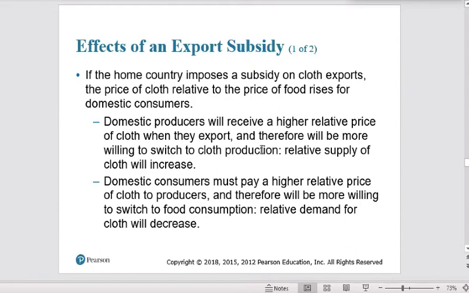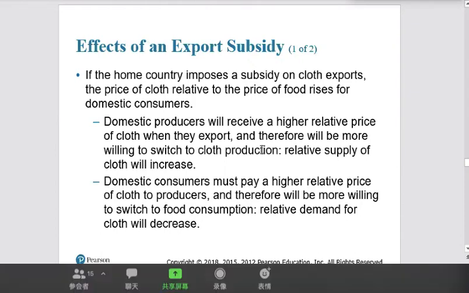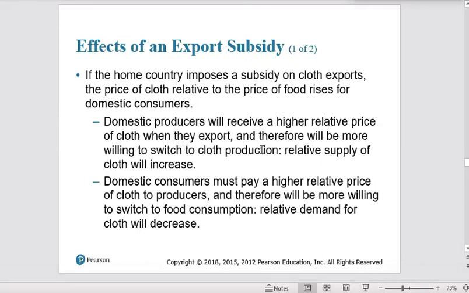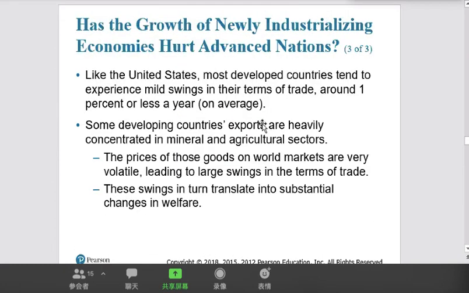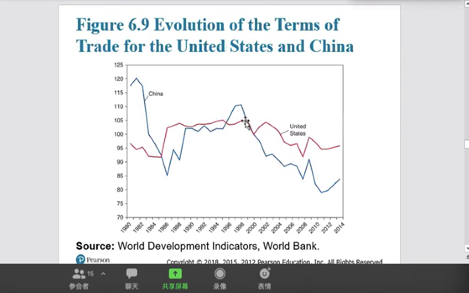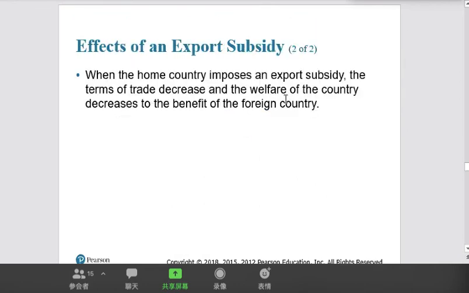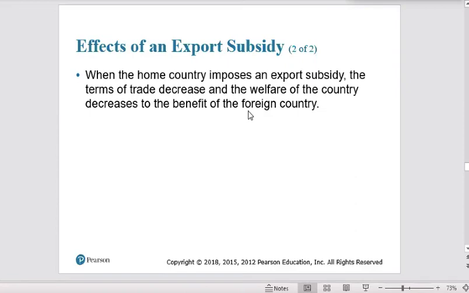There will be a decrease in the terms of trade for the home country, and this is the reason subsidies will decrease the terms of trade for the home country, and this is probably why there are export subsidies. The terms of trade decrease for home, and the welfare of the country decreases to the benefit of the foreign country. So it will make the foreign country happier, but it makes the domestic consumer less happy. The domestic consumer has to pay a higher price.